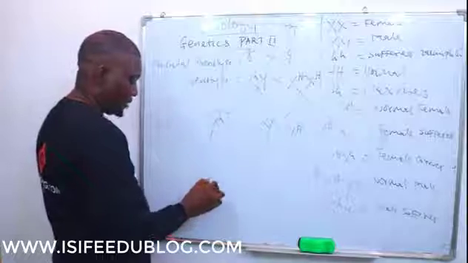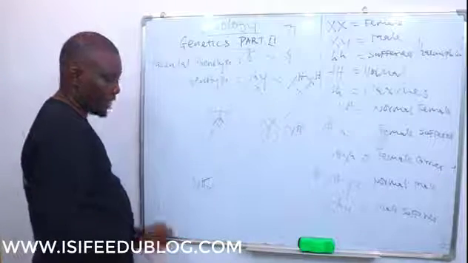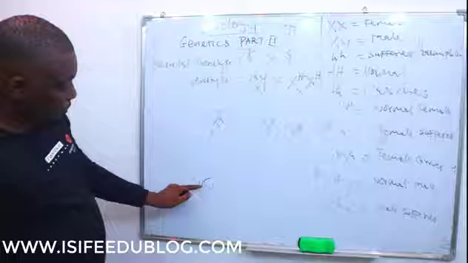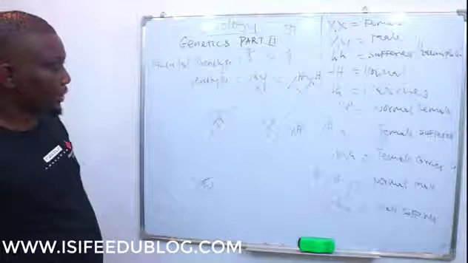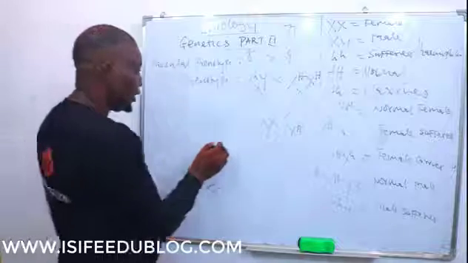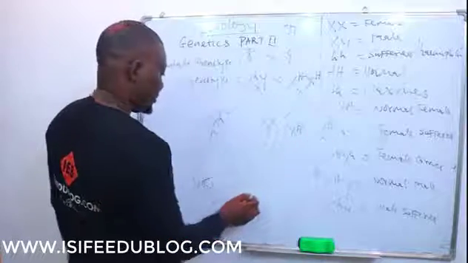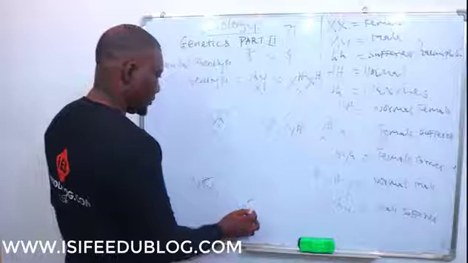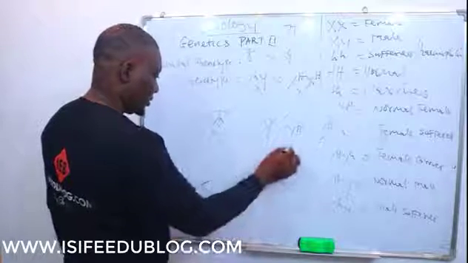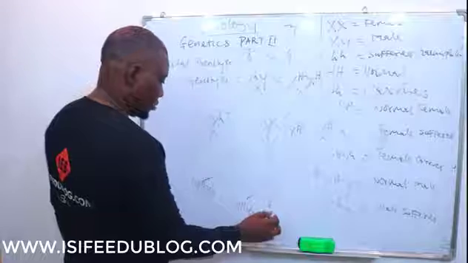We have this. This is a girl, and it's a carrier. One normal, one abnormal. Carrier girl. This is also another girl, also a carrier girl. This is a boy. The boy is normal.